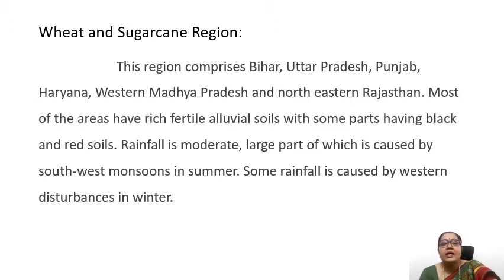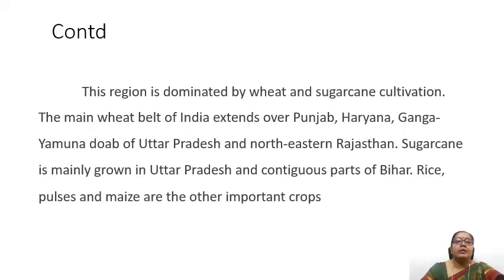Here rainfall is moderate, and a large part of this area receives southwest monsoons in summer. Some rainfall is caused by western disturbances in winter. This region is dominated by wheat and sugarcane cultivation.